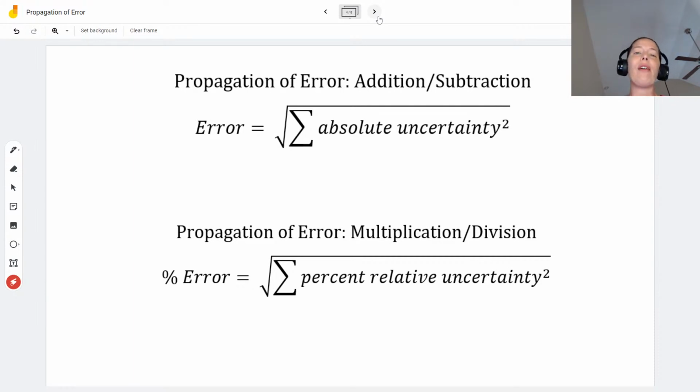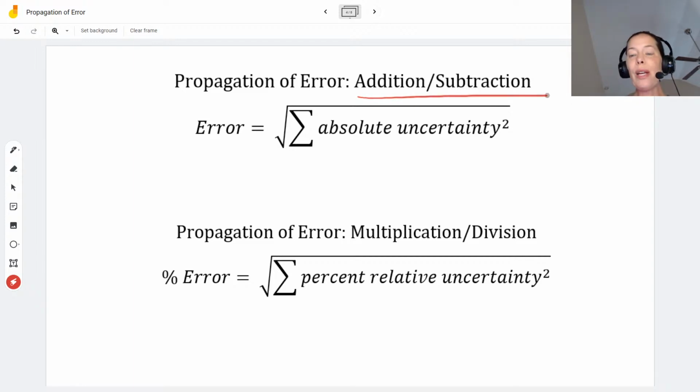Okay, so there are two different equations we use. We use one type of equation for propagating error when we're doing addition or subtraction, and we use another equation when we are propagating error when we're doing multiplication and division. Now, I know these equations look kind of wild and maybe don't make a lot of sense. They will make much more sense as we actually apply them.